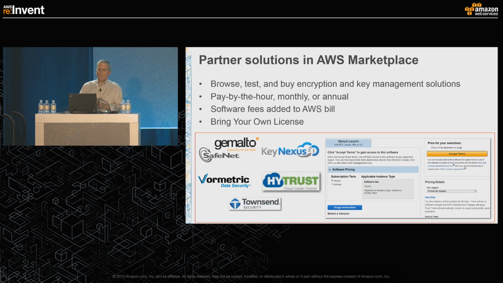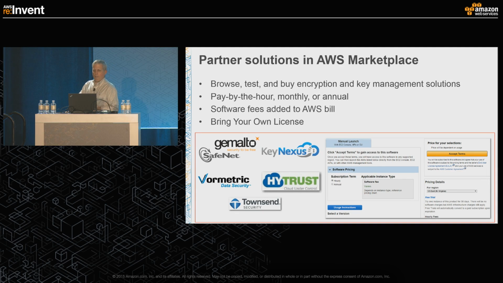These vendors all have solutions that can run on top of EC2 in your instance, and they're available via Marketplace, which makes it very easy to provision. But you can also run these solutions outside of AWS and have your applications talk to them. So there's a lot of flexibility in how you run these partner solutions.